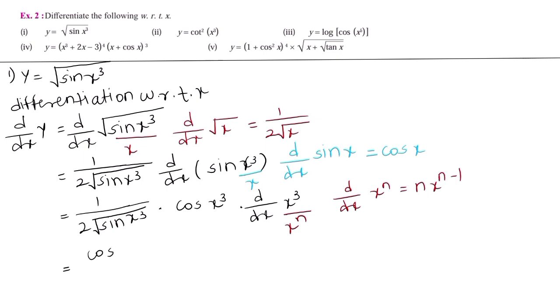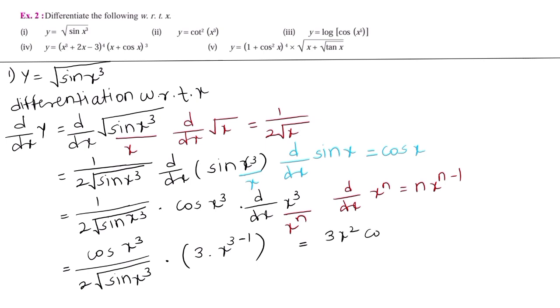We get cos x cube upon 2 root of sin x cube. Differentiation of x cube will be, here n is 3, so 3 into x raised to 3 minus 1. Final answer will be 3x square cos x cube upon 2 root sin x cube.